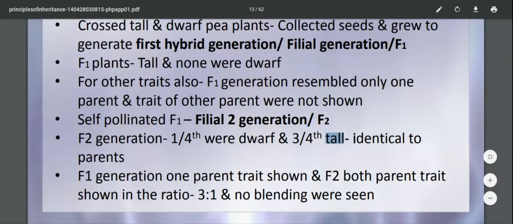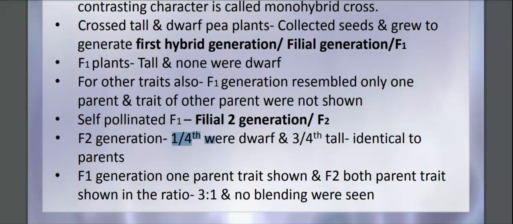Here both tall and dwarf were seen, but the ratio was different. He noticed that if, for example, he got 100 plants in the F2 generation, 25 plants were dwarf or recessive and 75 plants were tall. So that works out to a 3:1 ratio.